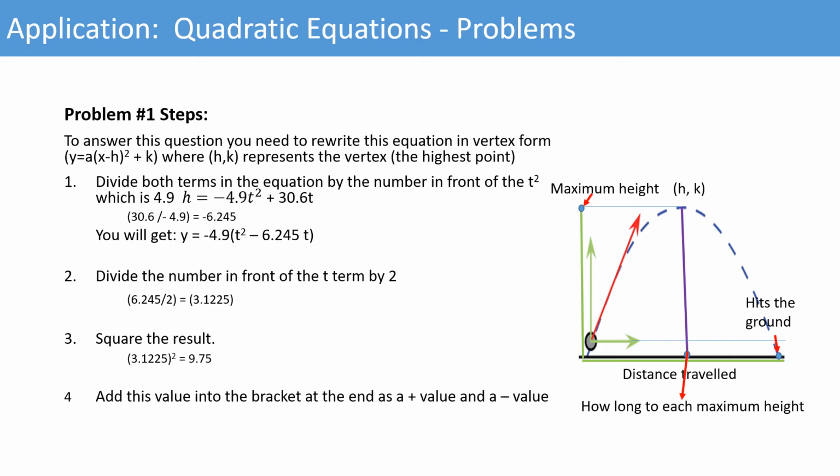By adding both the plus and negative, you are not changing the value of the expression. You will get y equals negative 4.9 times, inside brackets, t squared minus 6.245t plus 9.75 minus 9.75.